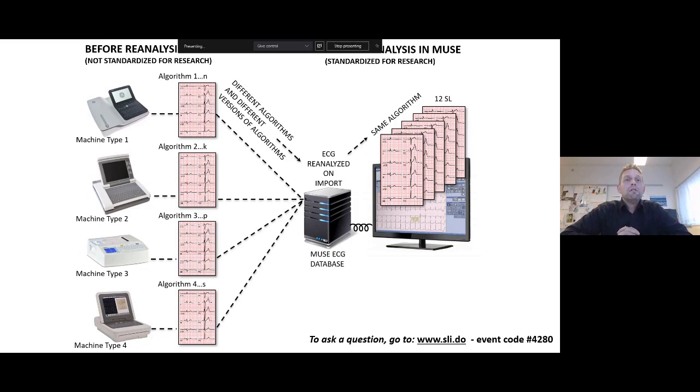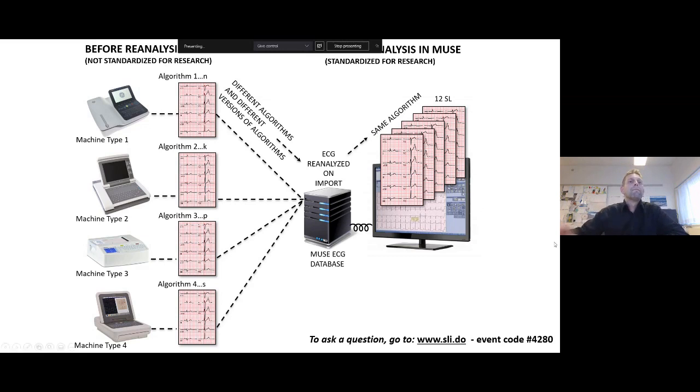So anytime we collect our research ECGs, we need to make sure that they're reanalyzed with the same algorithm. And this is one of the very important features that we use in MUSE when we import data from one MUSE to another MUSE, or from one site in MUSE to a different site in the same MUSE.